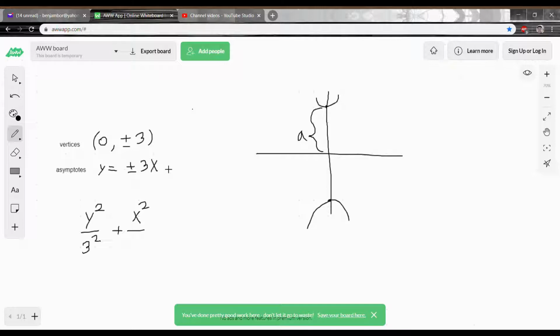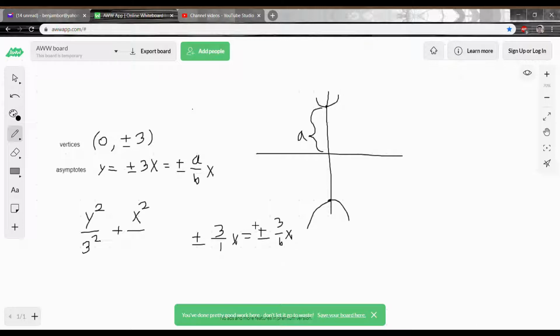So if we were to rewrite this as a over b, that's going to give us positive or negative a over b x. a is 3, so we can write positive or negative 3 over 1 x is equal to positive or negative 3 over b x.